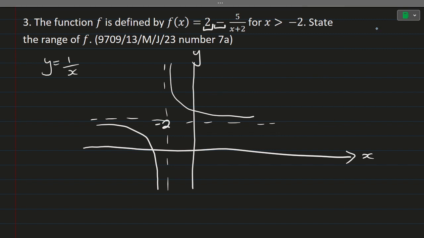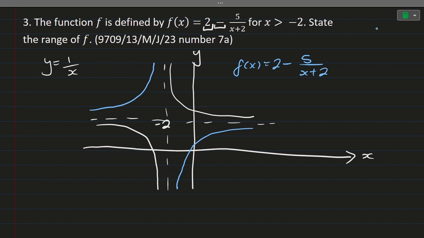If we reflect this graph, it would now look like this, and that part would look like this. So the graph that we want is the blue graph. That's the graph of f of x is equal to 2 minus 5 over (x plus 2).